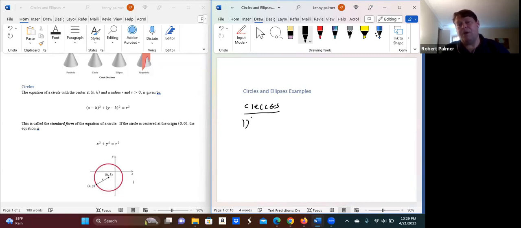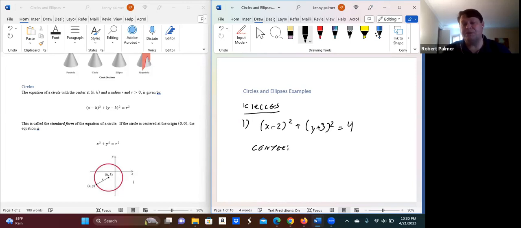Let's take a look at number one. Let's say we have an equation: (x − 2)² + (y + 3)² = 4. Now we need to figure out what this means. We find our center and our radius.